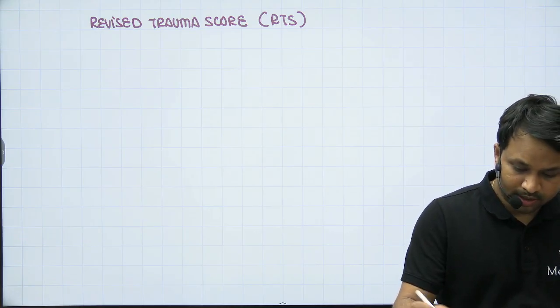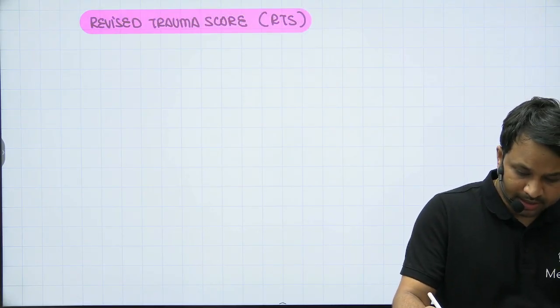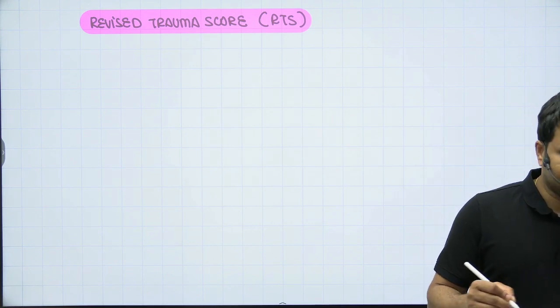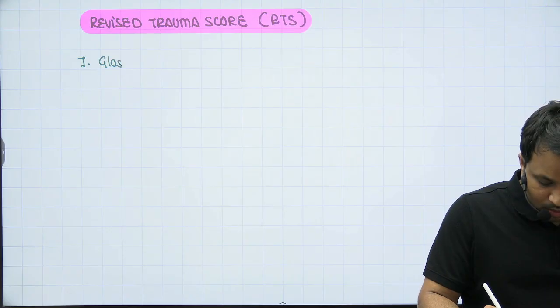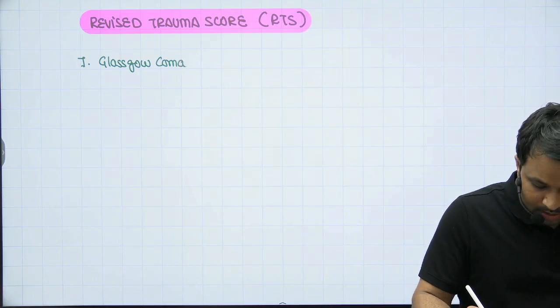So what does it comprise of? When you talk about the revised trauma score or the RTS scoring system, it consists of three important components. The first important component is going to be the Glasgow Coma Scale.